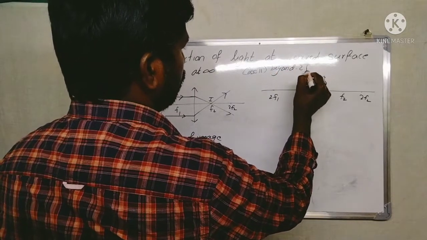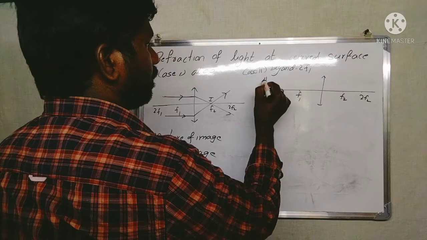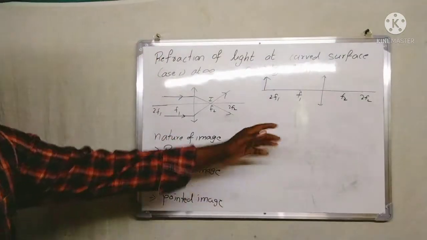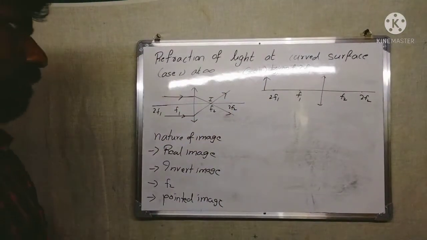Beyond 2F1 means we are keeping the object over here like this. With the object beyond 2F1, where will you get the image?